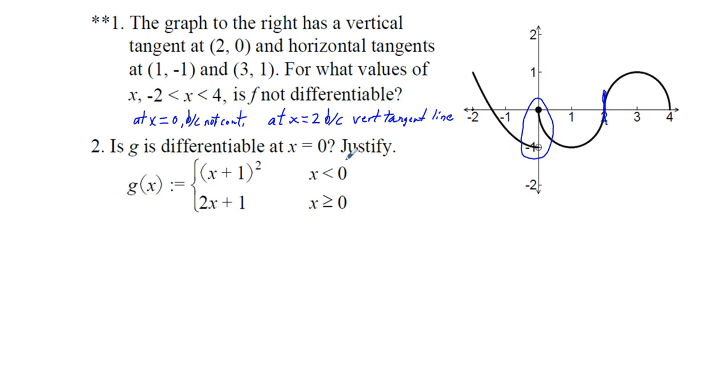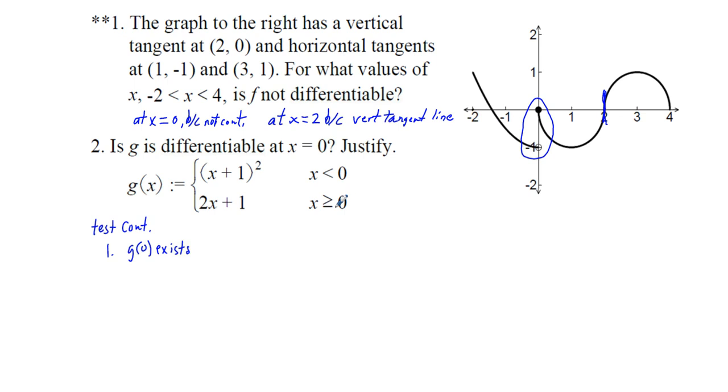2. Is g differentiable at x equals 0? Justify. It so happens that in the previous note card 13 on normal lines, problem 3, we worked out differentiability for a problem similar to this one. First of all, we have to demonstrate continuity, and for continuity you need 3 conditions. I'm going to test continuity here. 1, you need to know that g of 0 exists.